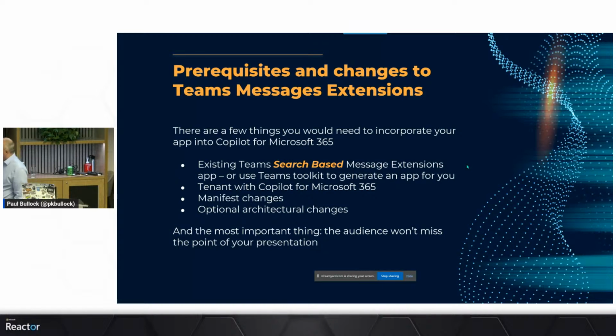If you wanted to build a search-based message extension, Teams Toolkit has the scaffolding you need to bring that through. It's a full tool set, so you can take an app from its title and descriptions. It will scaffold all the Azure components you would need to host your bot. It would also scaffold out the app.